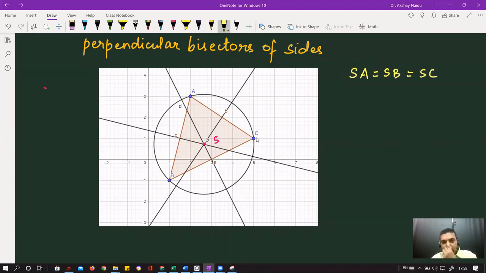From coordinate geometry, if A, B and C are given, you assume S as any point (x, y) and then write three equations. From this, we will get two equations, and after simplification, you can find x and y. Okay, this is the circumcenter. This is very important: circumcenter is equidistant to the vertices.